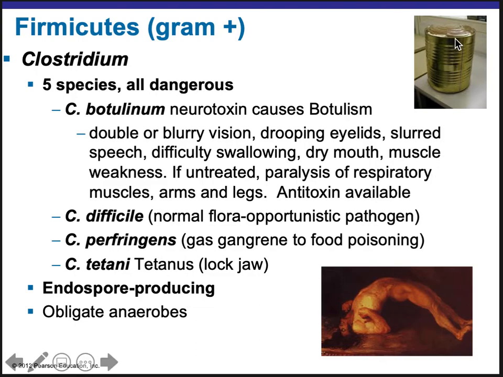But if you look at this example of this can, it's bulging. That means there's gas production happening in there, and the only way to get that gas production would be if bacteria are growing. So if an endospore survived, now it's in this great food, right? In this great condition. It's not crazy hot, it's not crazy cold, it's just room temperature, right? It's just a can.